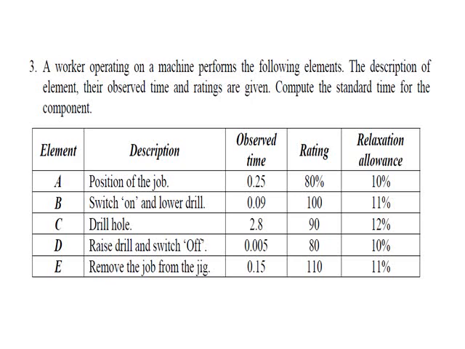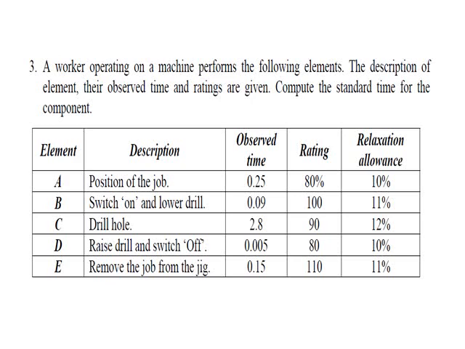The description of elements, the observed time and rating are given. Compute the standard time. The first element is position of the job. Observed time is 0.25. Rating factor is 80. Relaxation allowance is 10%. Similarly, elements A, B, C, D, E are given.